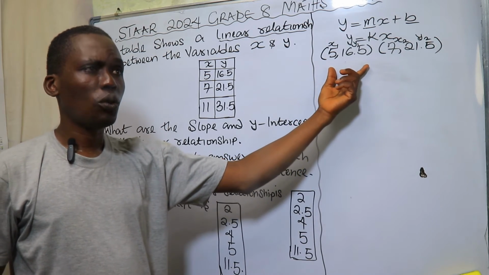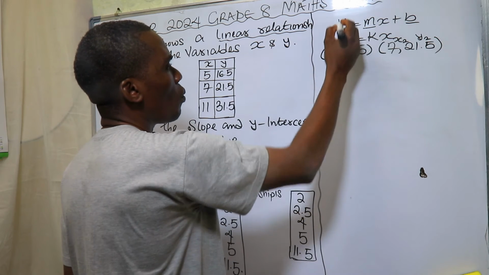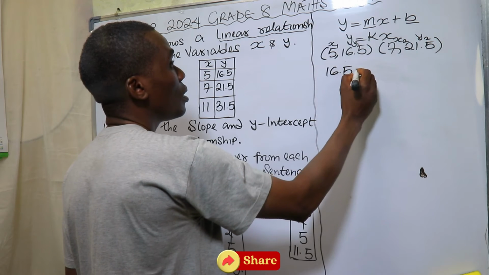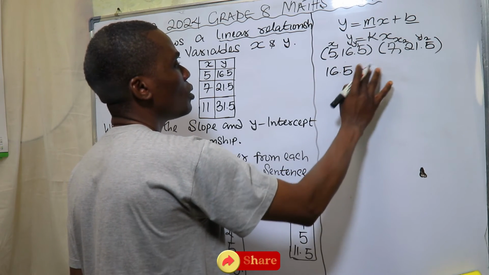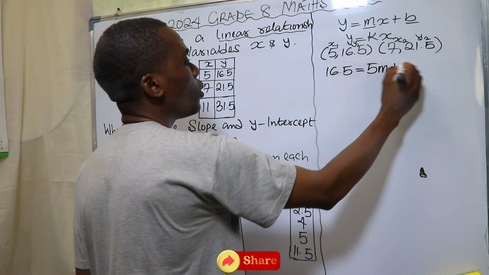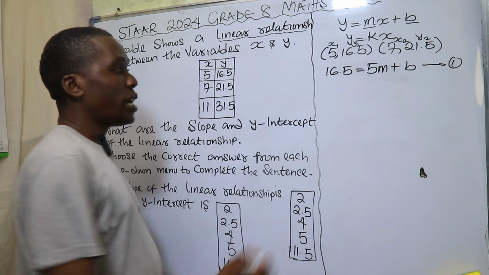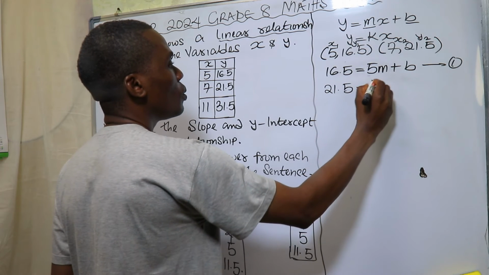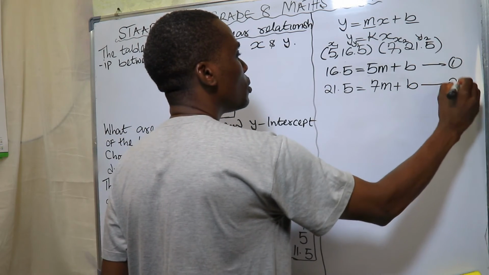Now, from this expression, putting in the first coordinate, we can see that 16.5 is equal to 5m plus b, because the x there is 5. We're going to take this to be equation 1, while we analyze this other one, 21.5 equal to 7m plus b, and this will be equation 2.